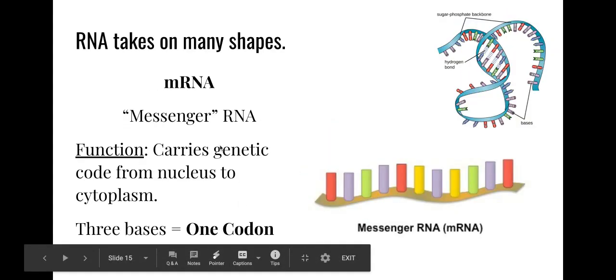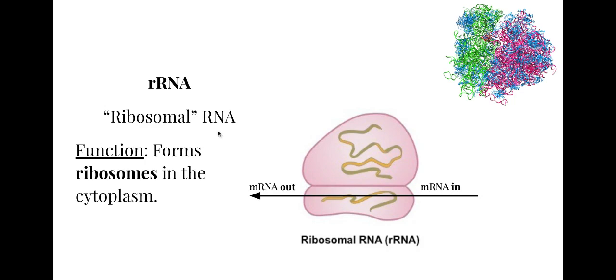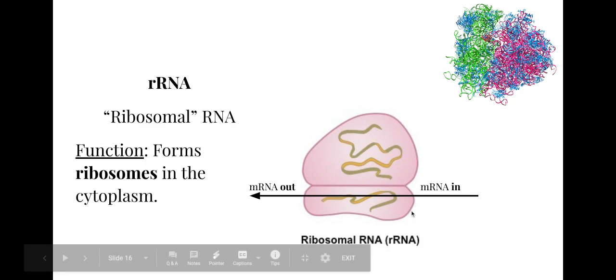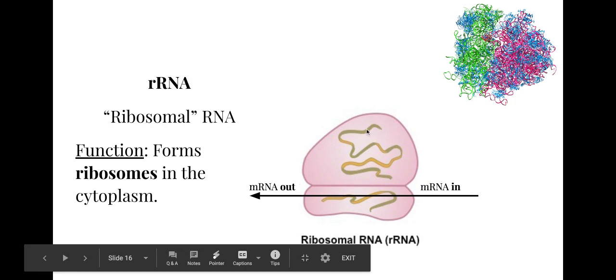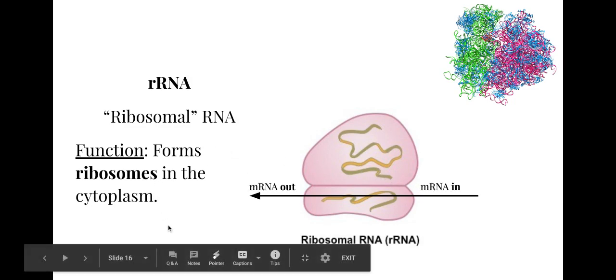There's another kind of RNA called rRNA, or ribosomal RNA. This is the RNA that bonds with some proteins to make a structure called a ribosome. Here is a ribosome, and you can see on the inside there is some RNA. This is rRNA, or ribosomal RNA. Its basic function is that it forms those ribosomes in the cytoplasm.